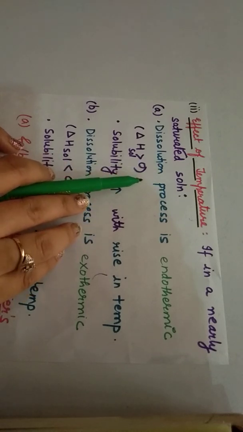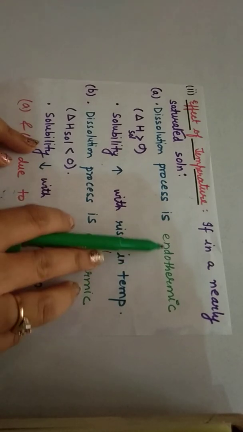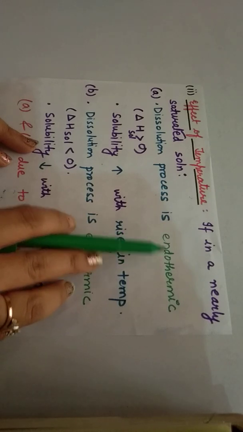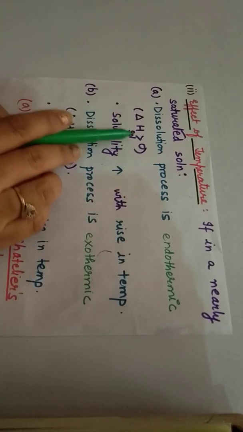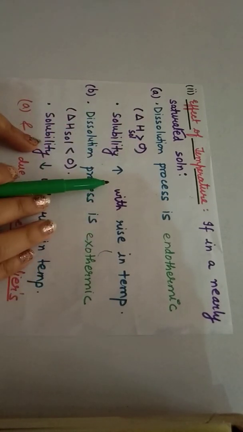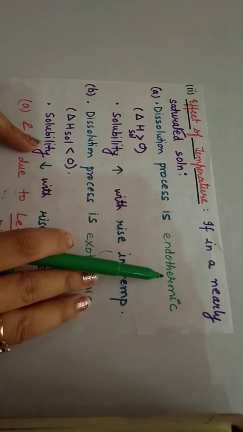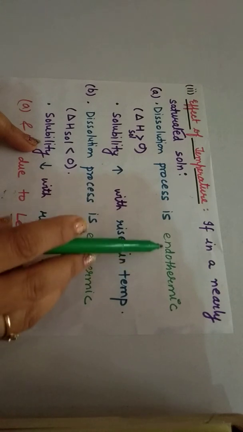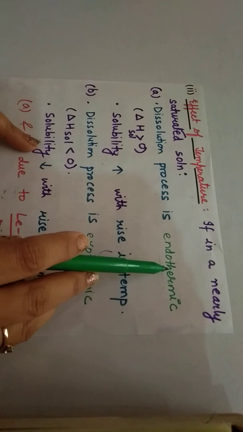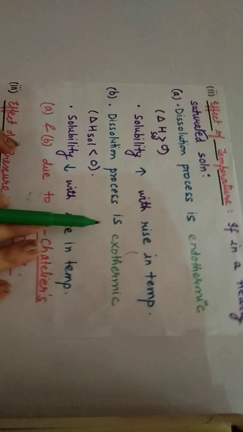Suppose on dissolving, the container becomes cold, then the process of dissolution is endothermic because heat is absorbed. Here delta H solubility is greater than 0. Heat is absorbed, the container is cold, temperature is low. So when the temperature is low, solubility will increase opposite with the rise in temperature according to Le Chatelier's principle.